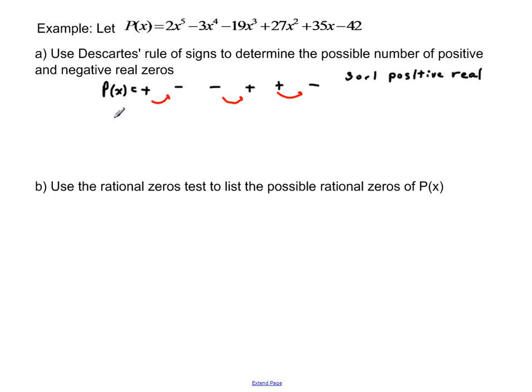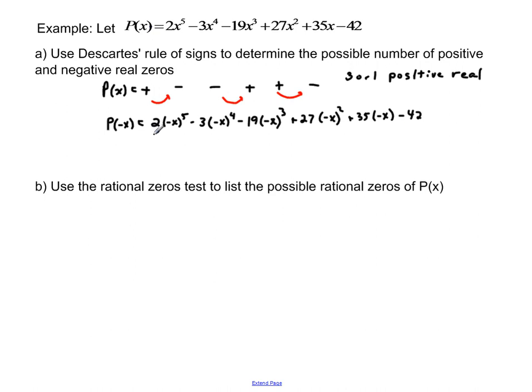All right, let's check out p of negative x. P of negative x, remember, changes the sign of each of the terms if they have odd powers, right? We're going to have 2 times negative x to the fifth minus 3 times negative x to the fourth minus 19 times negative x to the third plus 27 times negative x to the second plus 35 times negative x minus 42.